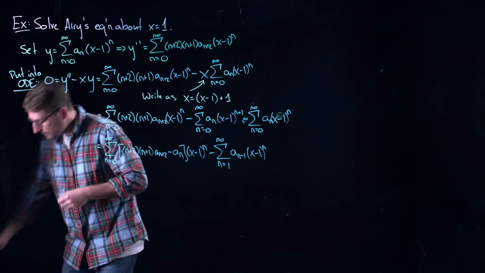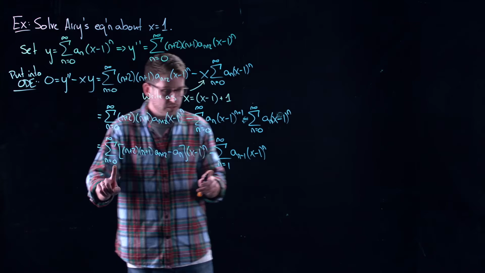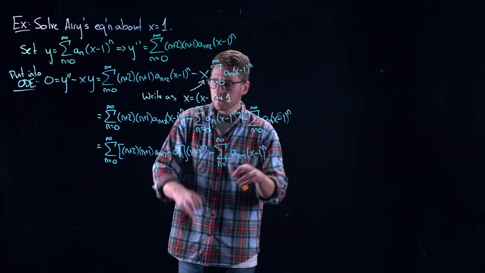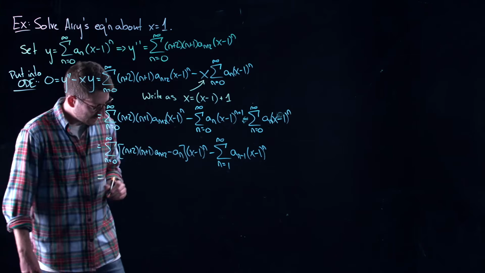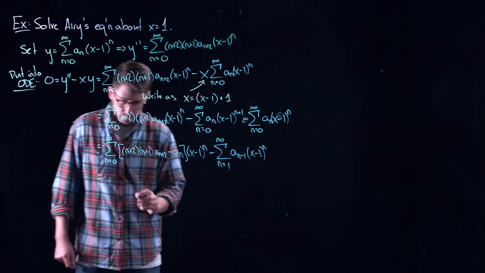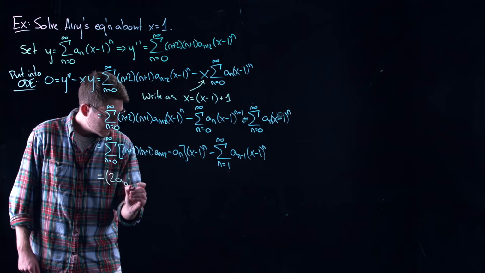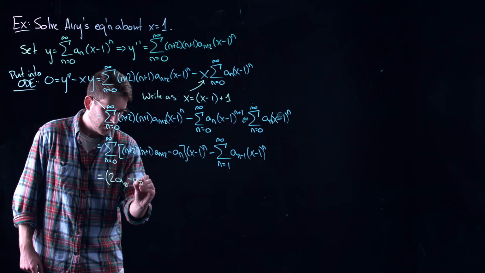Now we're going to do the same little trick that we did last time. This one's starting from n equal to 0. This is starting from n equal to 1. Same generic term. Open it up and then start counting at 1. So now I get 2a2 minus a0, pardon me.